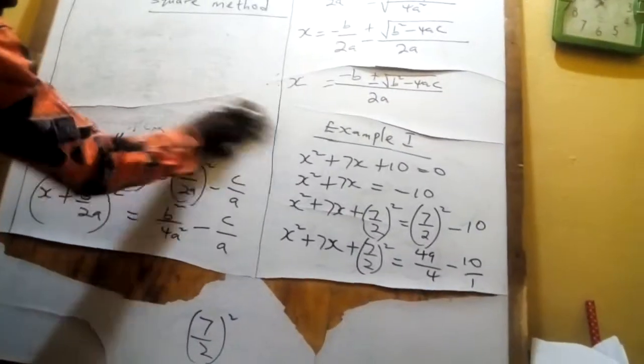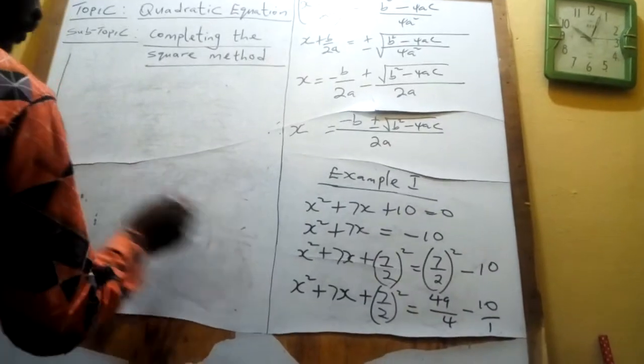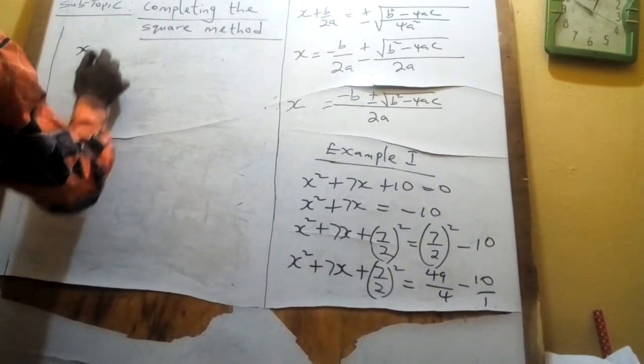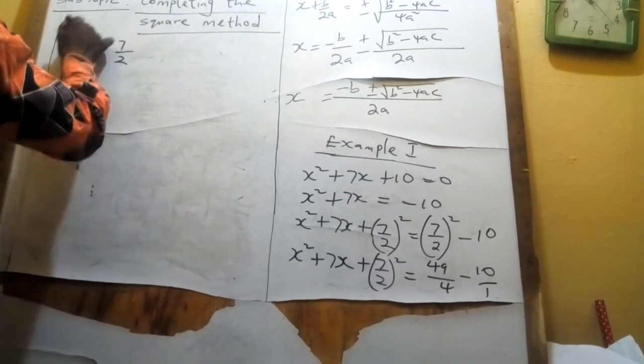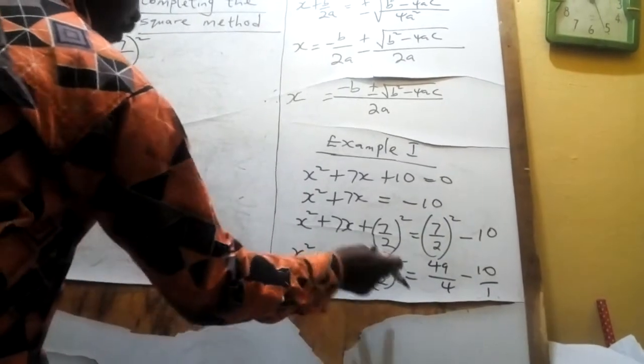Let's clean this portion of the board. When you clean the portion of the board here, you arrive at this. Want to factor it out? We have x plus 7 over 2 squared.